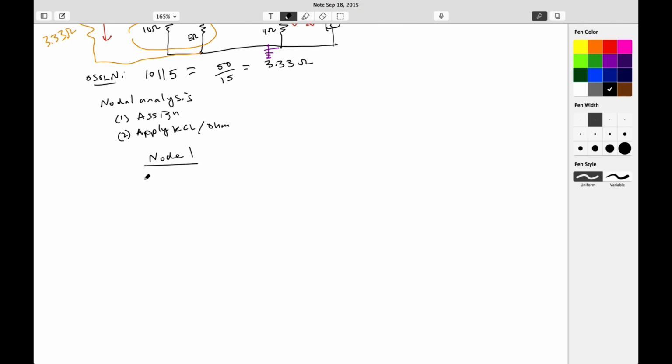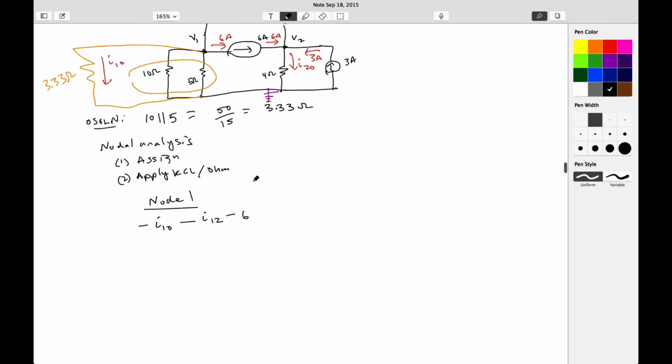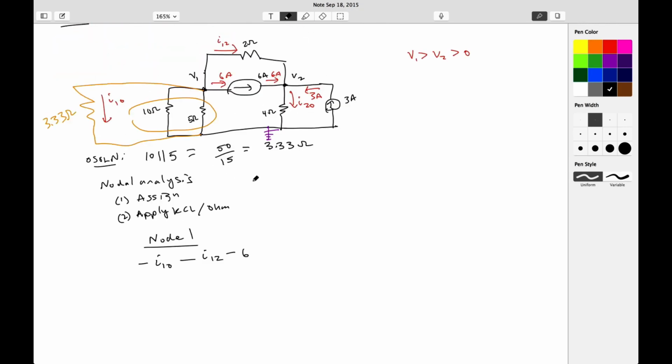At node 1, I have minus I10, minus I12, and minus 6. Those are the things that are going out. In fact, all of the currents are going out of V1, and I set this equal to 0.